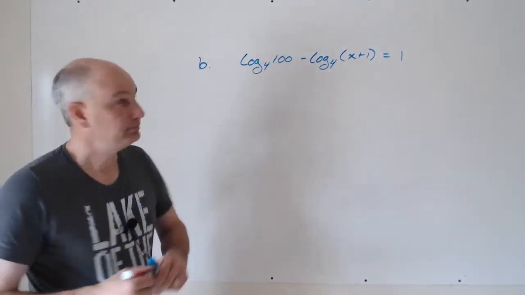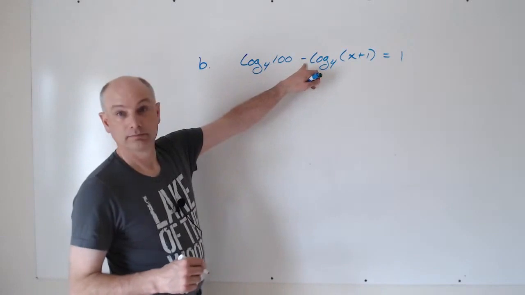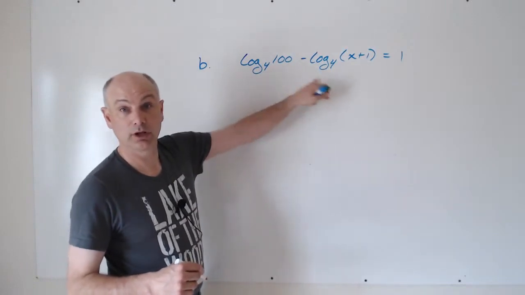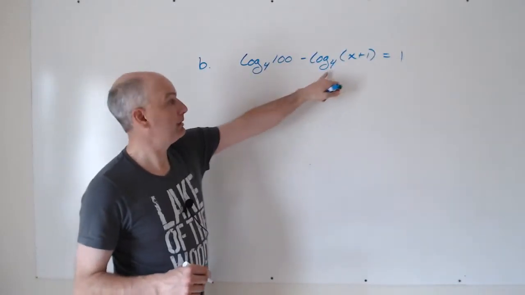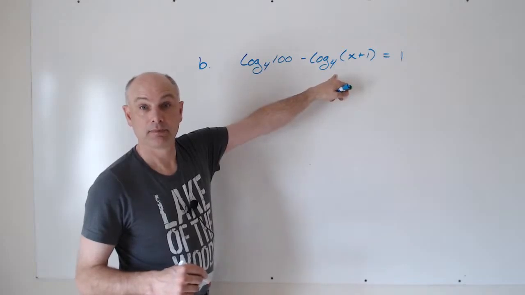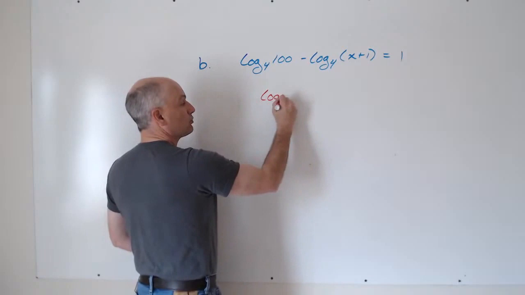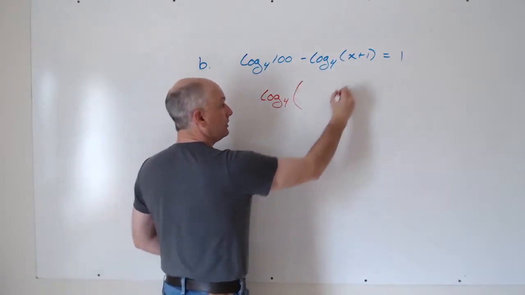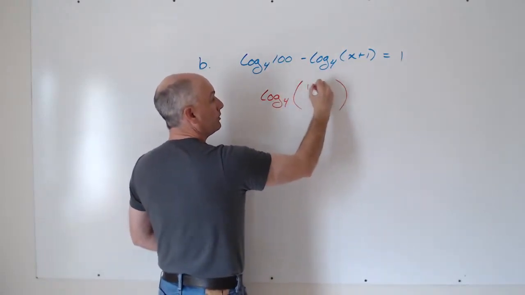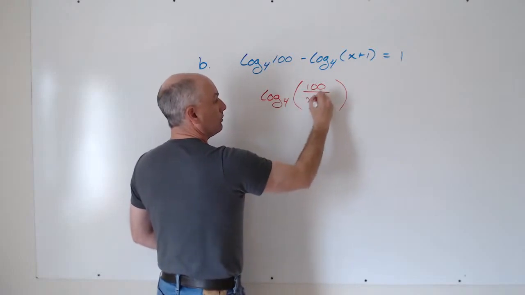In this problem, I've got a subtraction here of 2 logarithms having the same base. I can combine them. I can write that as log base 4 of the division, 100 over x plus 1.